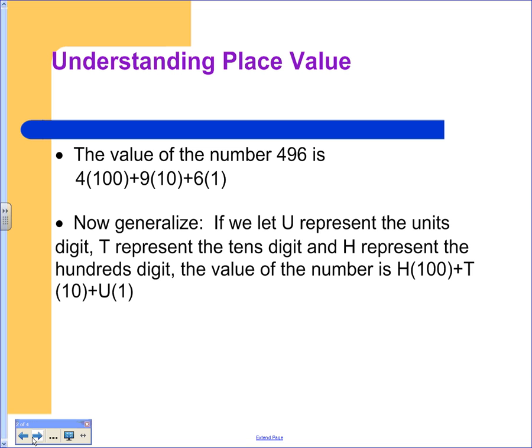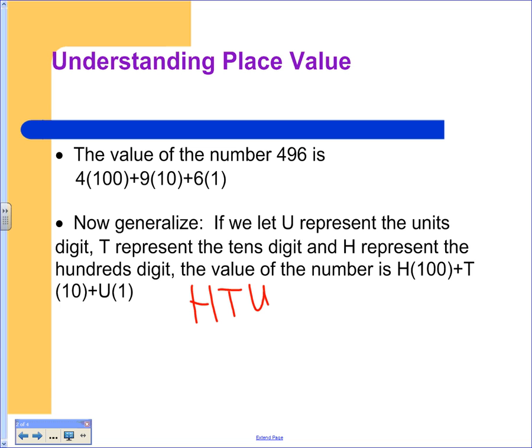Cool. Okay, so now we're going to generalize. U is going to represent your units. And T is going to represent your tens. What is H going to represent? Hundreds. The reason you don't want to use ones, it looks like a 0. Like 1, 0, O, they all look the same.